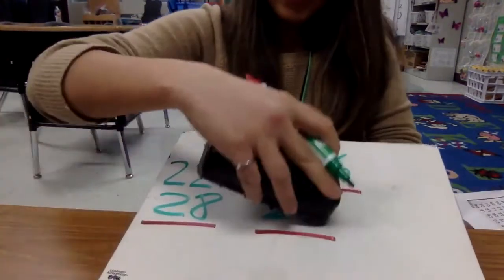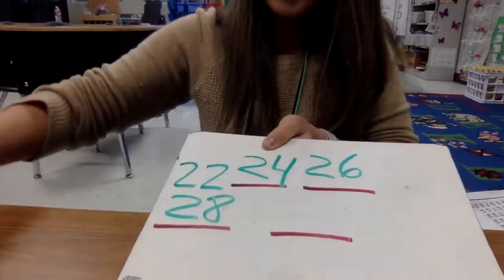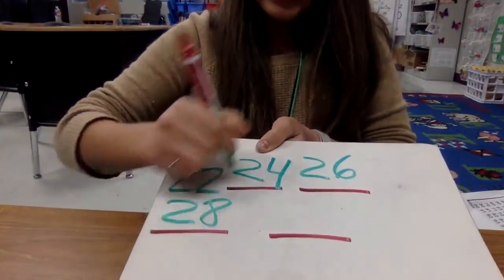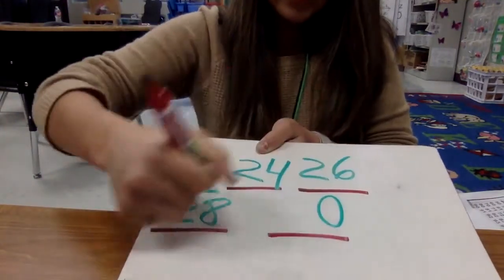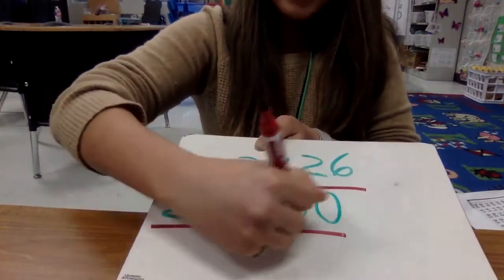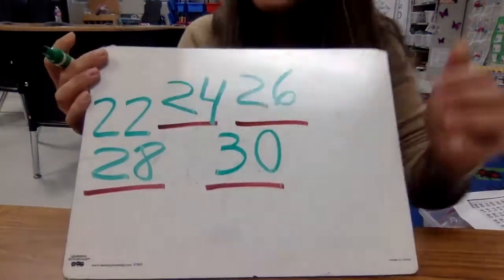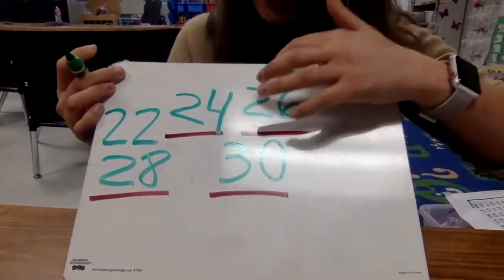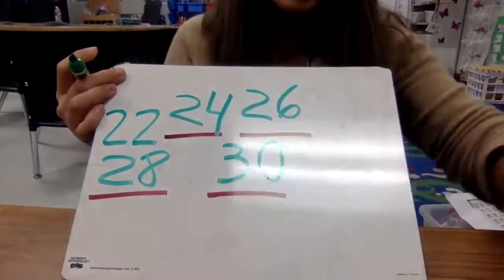Oops, we're no longer in the 2s because remember, we go from 8 to 0, back to 0, and this goes up to 3. 22, 24, 26, 28, 30.